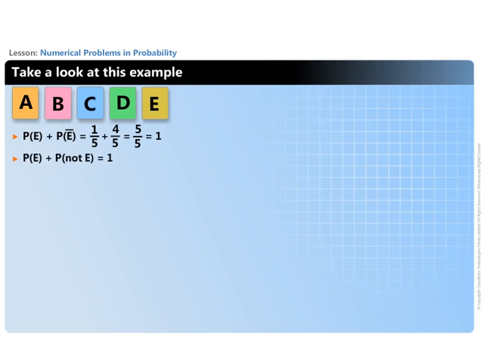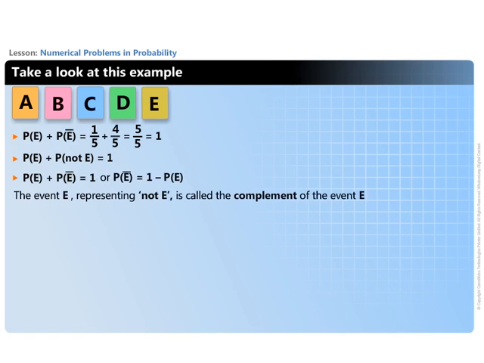So, P(E) plus P(not E) is equal to 1, or P(E bar) is equal to 1 minus P(E). The event E bar representing not E is called the complement of the event E. We also say that E and E bar are complementary events.